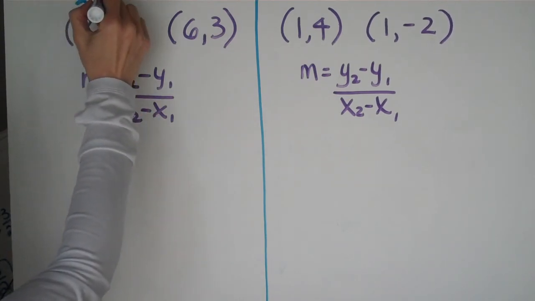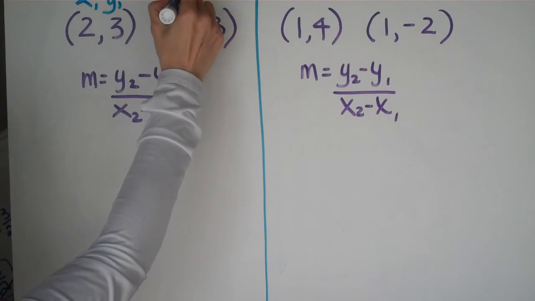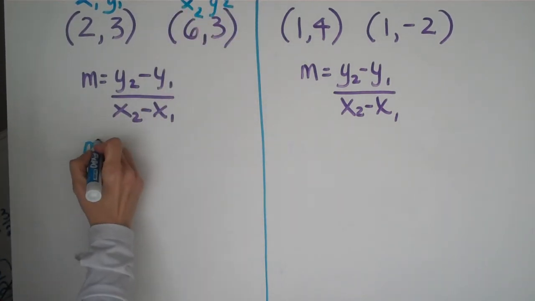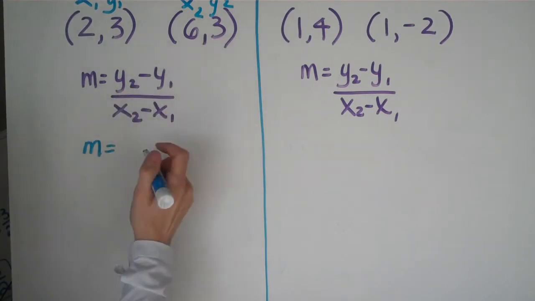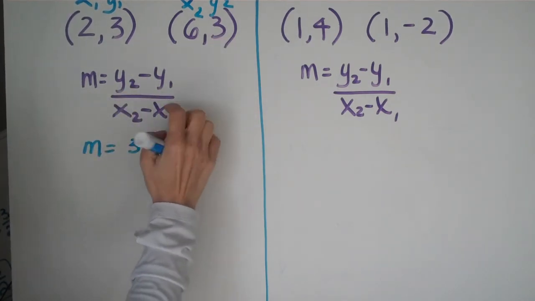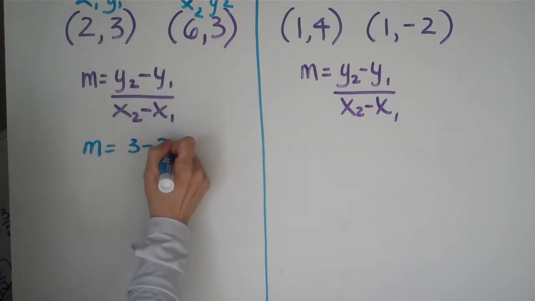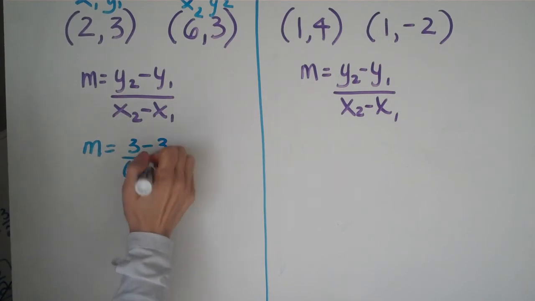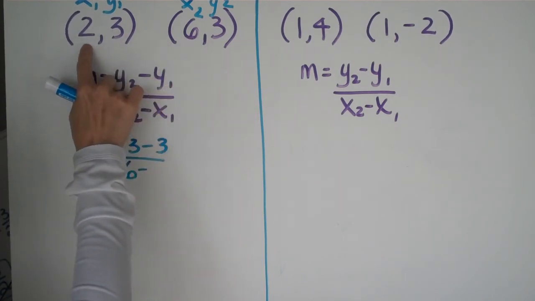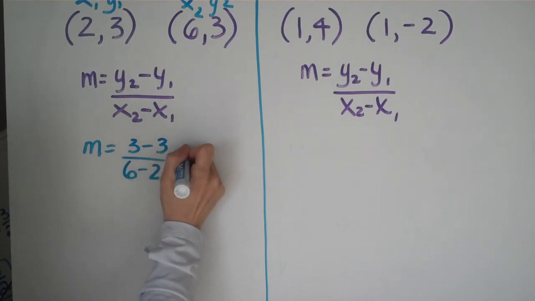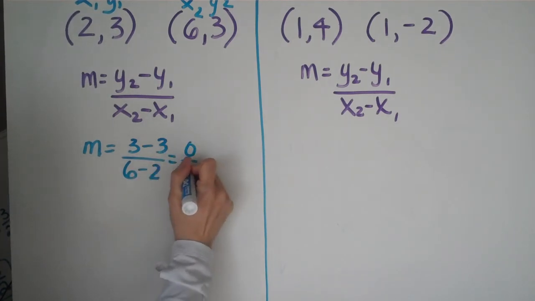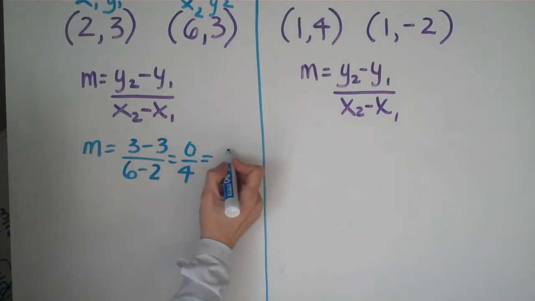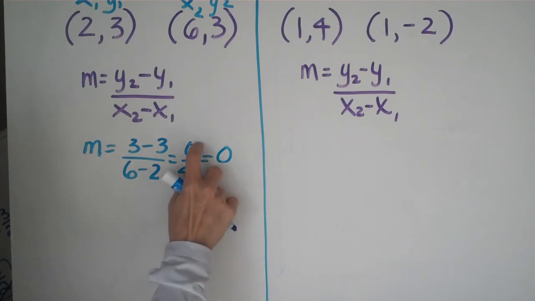We have x1, y1, x2, y2. We're going to substitute it into the formula, m equals y2 is a 3, minus y1, which is a 3, over x2, which is a 6, minus x1, which is a 2, and we get a 0 over 4, and the answer to that would of course be 0 divided by 4 would be a 0, because 0 times 4 is 0, right?